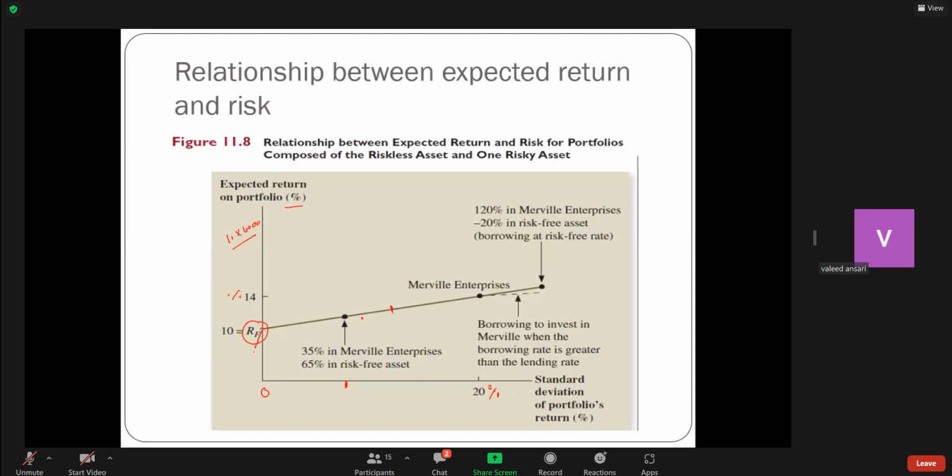You can see this line. If you want a high return, you should tolerate high risk. If you want no risk, you should invest in risk-free assets. Or you can have a combination, 80-20, 80 in risky and the rest 20% here.